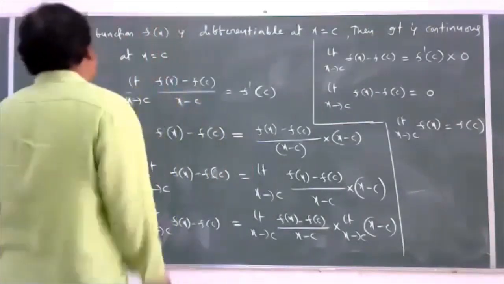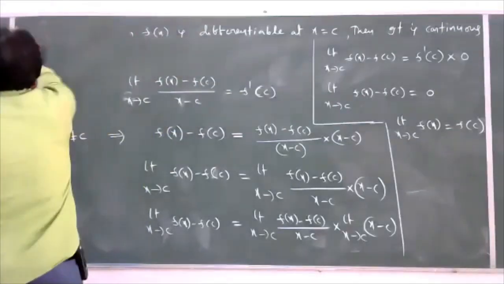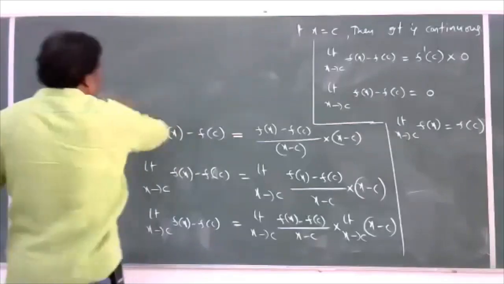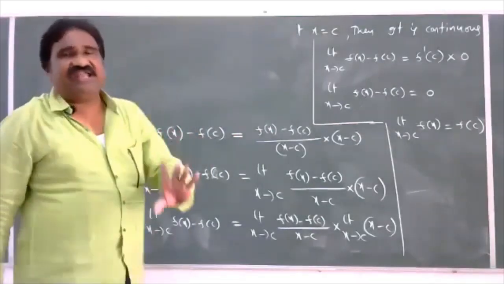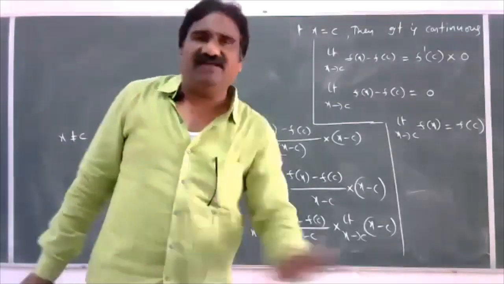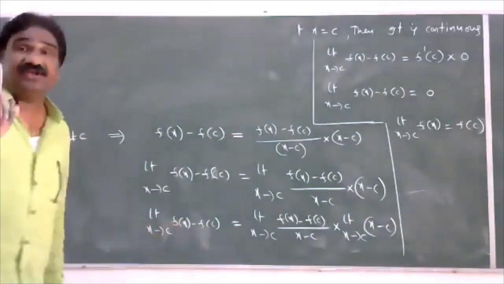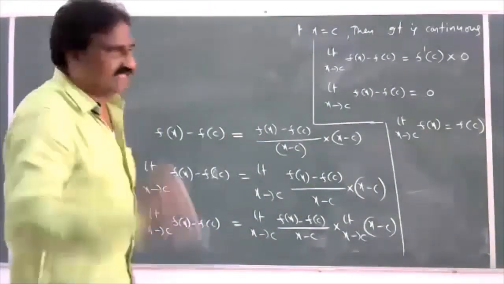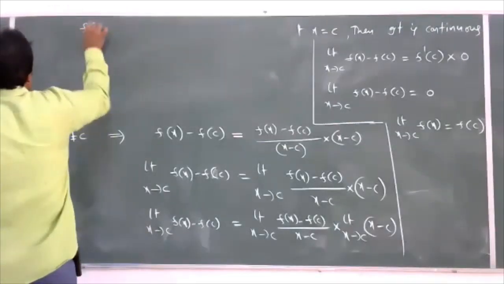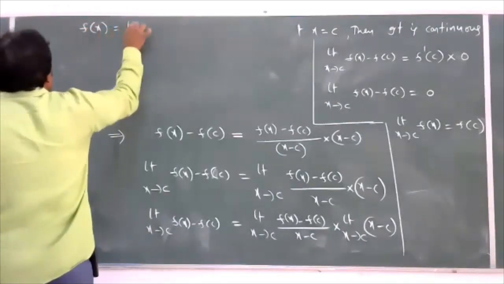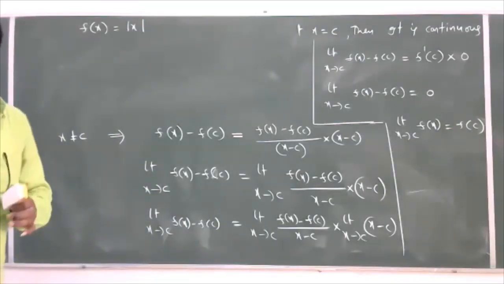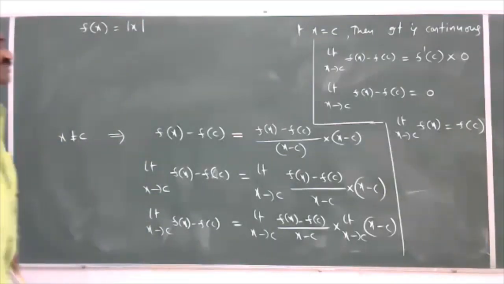Why? I will discuss with an example. Every differentiable function is continuous, but every continuous function need not be differentiable. For example, if you take f of x is equal to mod x, I think you know the mod x definition.